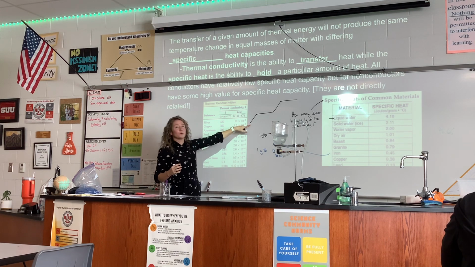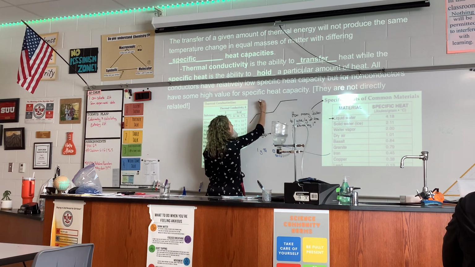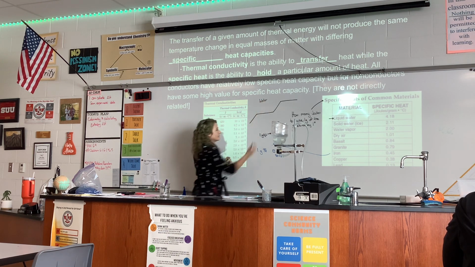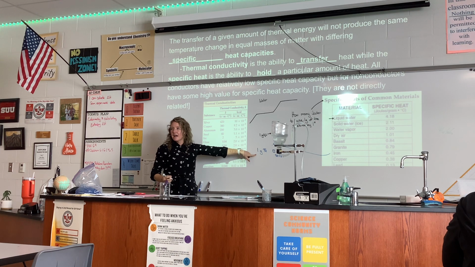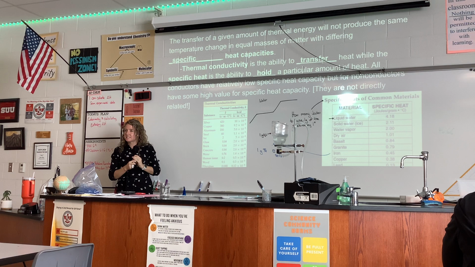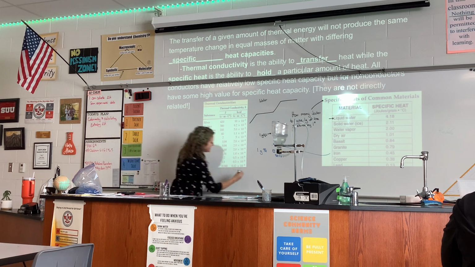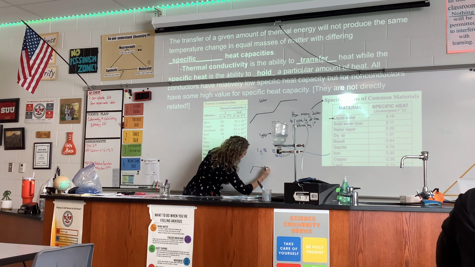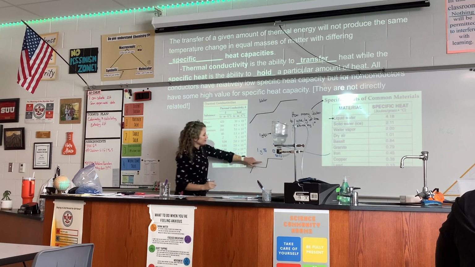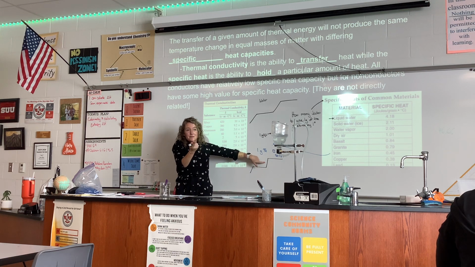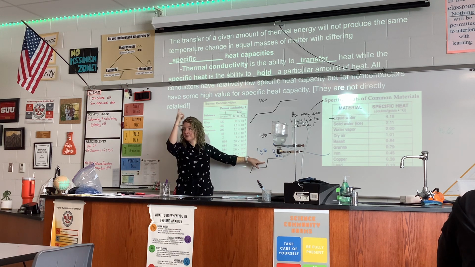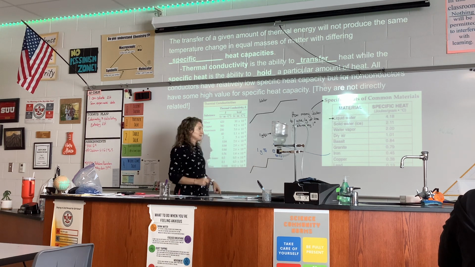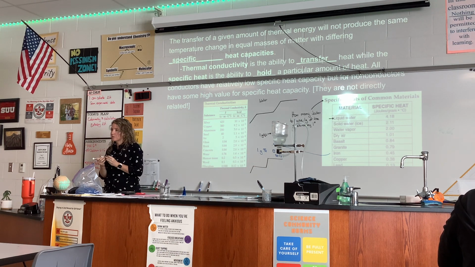But if this were the graph for water, any thoughts on how the graph for iron would look different due to its specific heat? Zach? Would it look steeper? Why? Because it heats faster, so it doesn't need to remain in each phase as long. Yep, so the slope of our line is going to be steeper because it changes much quicker to get to a higher temperature. Well done, Zach. I thought that was a cool connection.